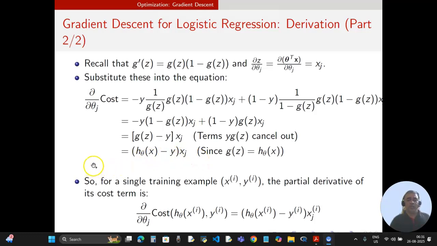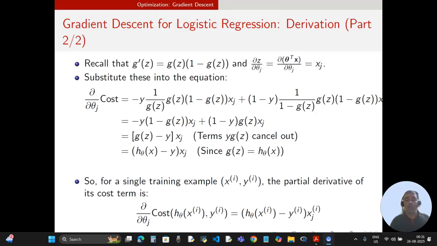So we have calculated this for a single example x, y. For the ith training example, x i, y i, it will be h theta of x i minus y i into xj of i.